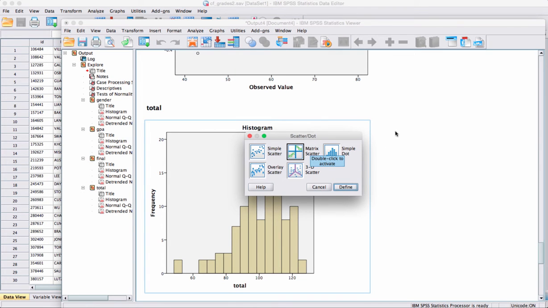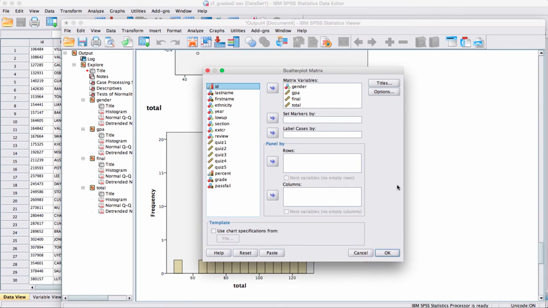So we're going to create a Scatterplot matrix of the variables that we're interested in. And so what we're going to do is move gender, GPA, final, and total into the matrix variables. And then we'll click on OK.